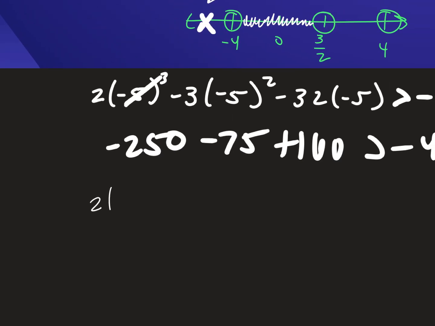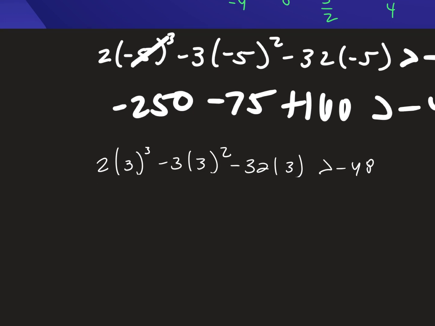Okay, so 2 times 3 cubed minus 3 times 3 squared minus 32 times 3. Is that greater than negative 48? What's 3 cubed? 27 times 2? 54. All right, 3 squared is 9 times 3 is negative 27. Minus, what's 32 times 3? 96. Is this going to be greater than negative 48?